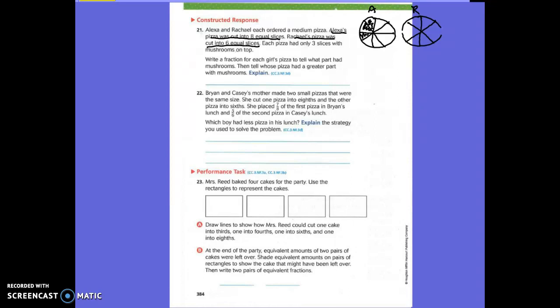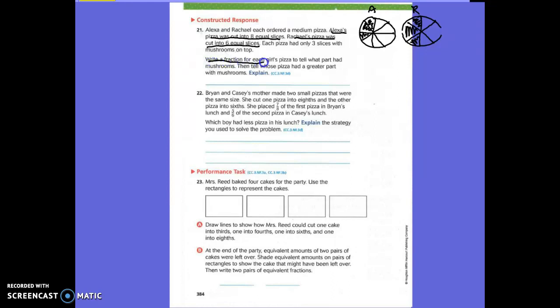And then I'm going to do this half of Rachel's too, so I can make sure that my fractions will look similar. So I'm going to do 3 for Rachel's pizza too. I'm doing it on the left half so that they will be shaded on the same side. They're not going to look the same, but they'll be shaded on the same side. Okay.